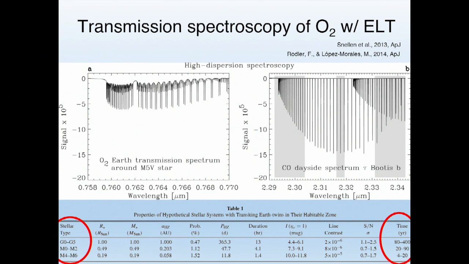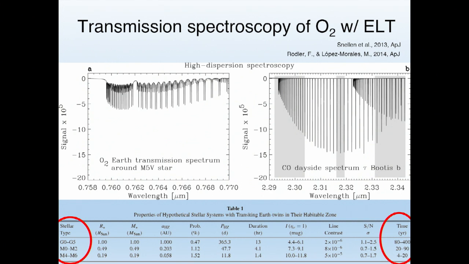Simulations are ongoing that you may need an ELT. As was already shown on the first day of this conference, it is now being established that you do need cross-correlation techniques in these bands to distinguish the telluric and the planet contribution. And if you do this for oxygen, you can do this.